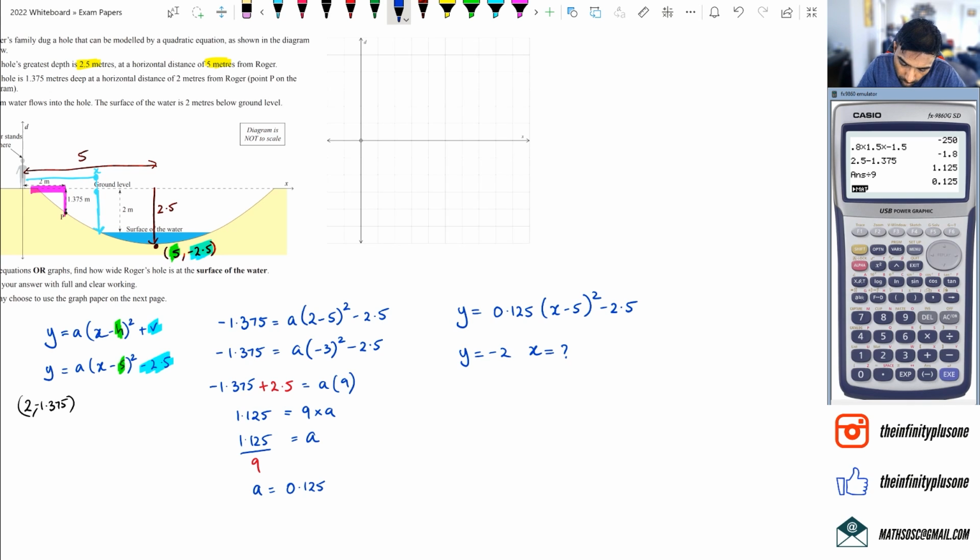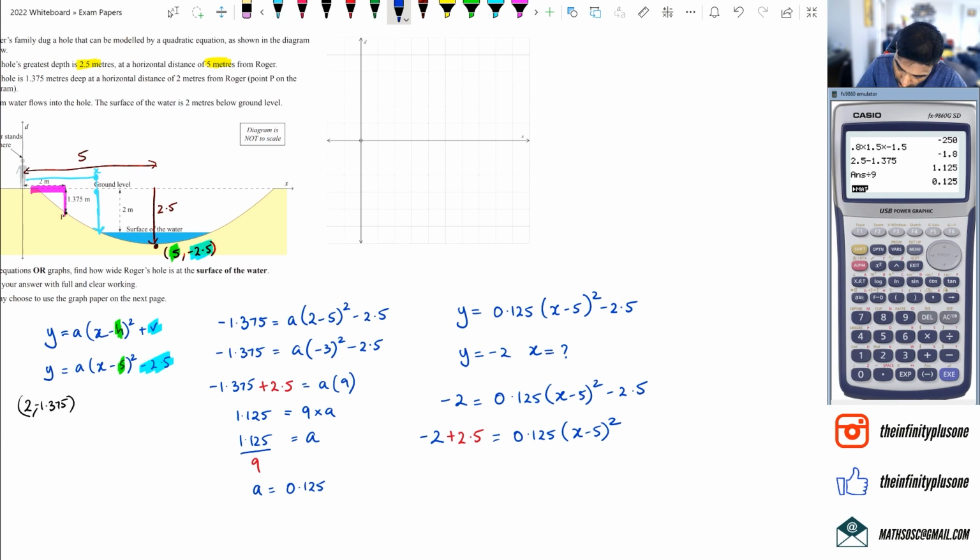Okay, so once that's done, I'm going to go negative 2 equals 0.125(x minus 5) squared minus 2.5. So I need to rearrange things. I am going to bring the 2.5, which is plus 2.5, equals 0.125(x minus 5) squared.